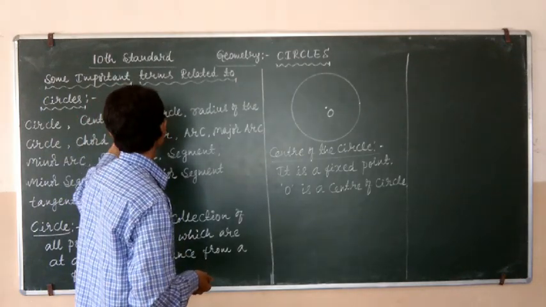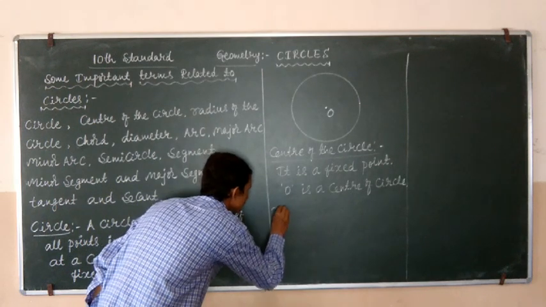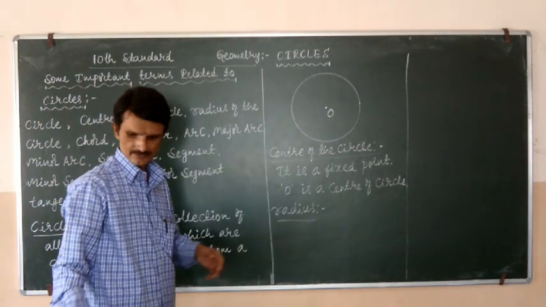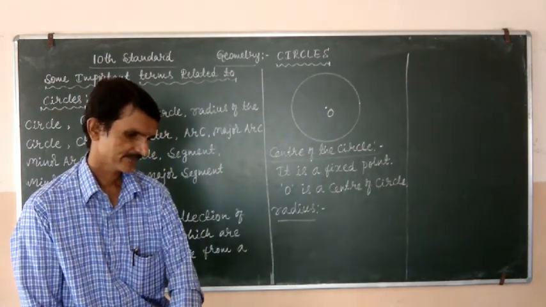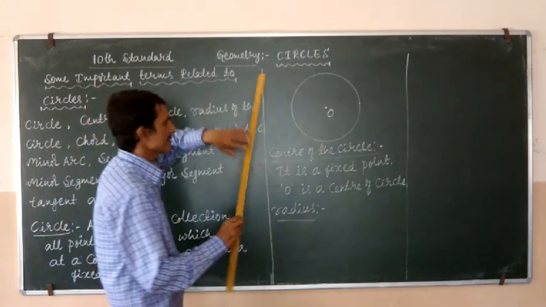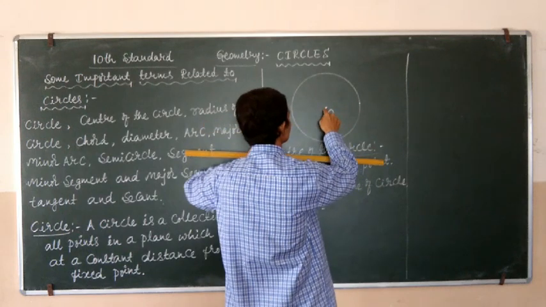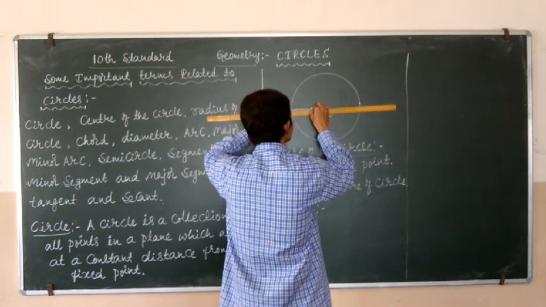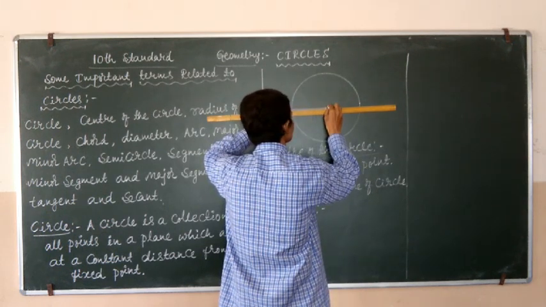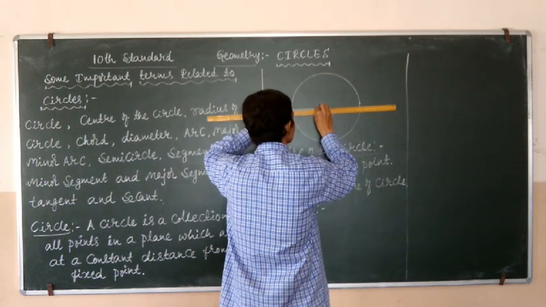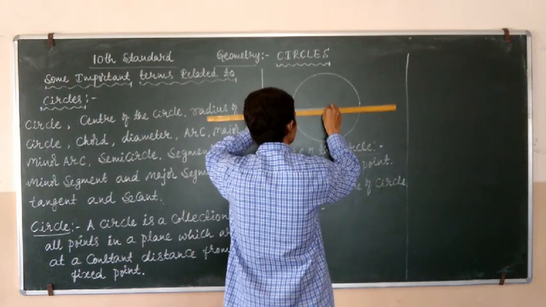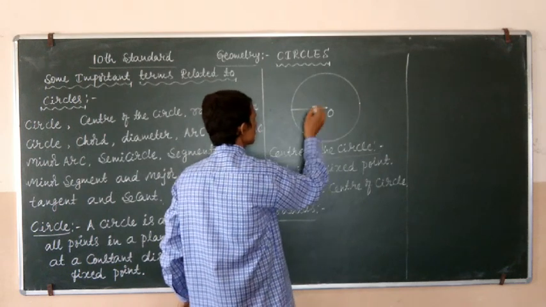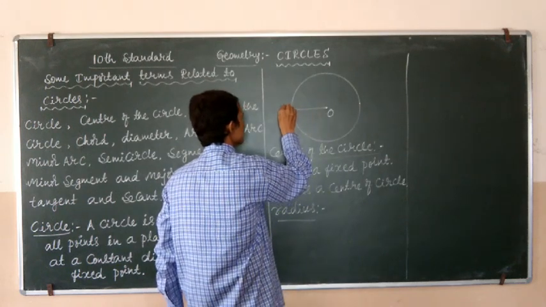The next important point is the radius of the circle. Students, if you draw a line segment from the center to the point on the circumference of the circle, you can draw it to any point on the circumference.